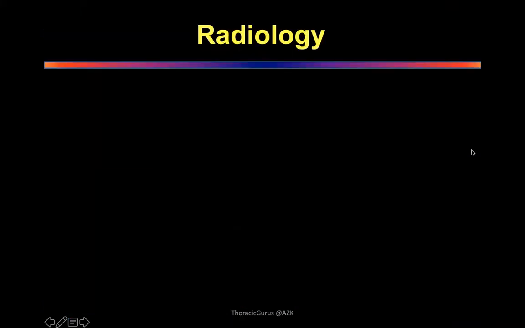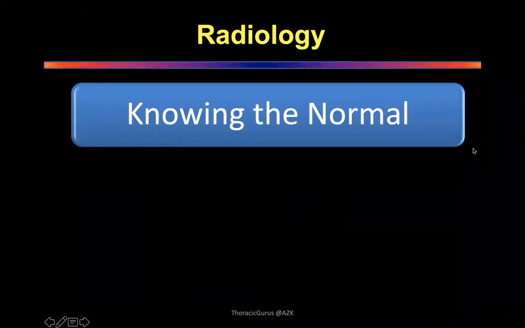So the basic principle of radiology is, as I said, it is absolutely vital to know the normal anatomy. And the most important thing that you've got to remember and train your mind is that this is a 2D image of a 3D structure. Whenever you look at any investigation, whether it is a chest X-ray, CT scan, PET scan, the image may be 2D, but in your brain, the vision should be 3D.